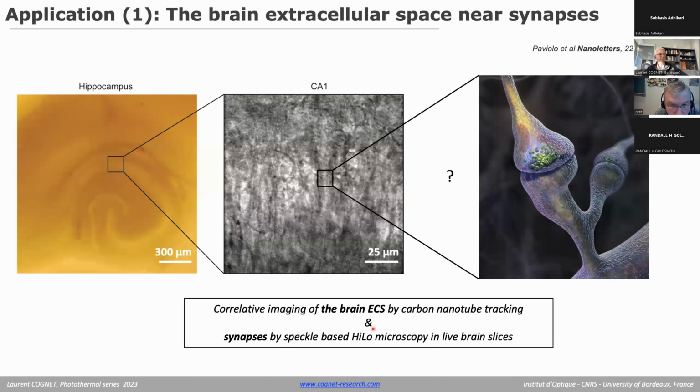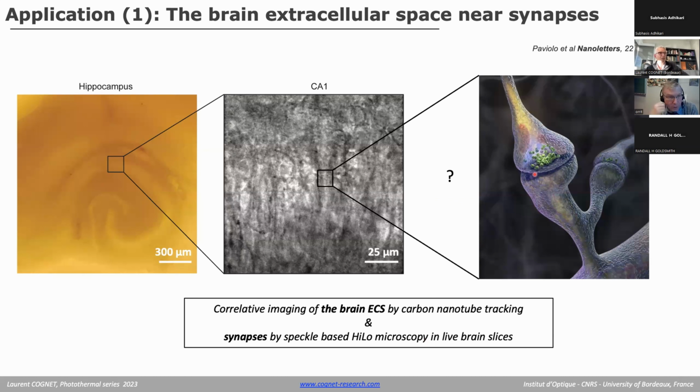And what we did is we performed some correlative microscopy on live brain slices, where we labeled the synapses with genetic tools. And we used what is called halo microscopy, which was developed by Jérôme Mertz some years ago, which makes some sectioning to be able to locate the synapses.